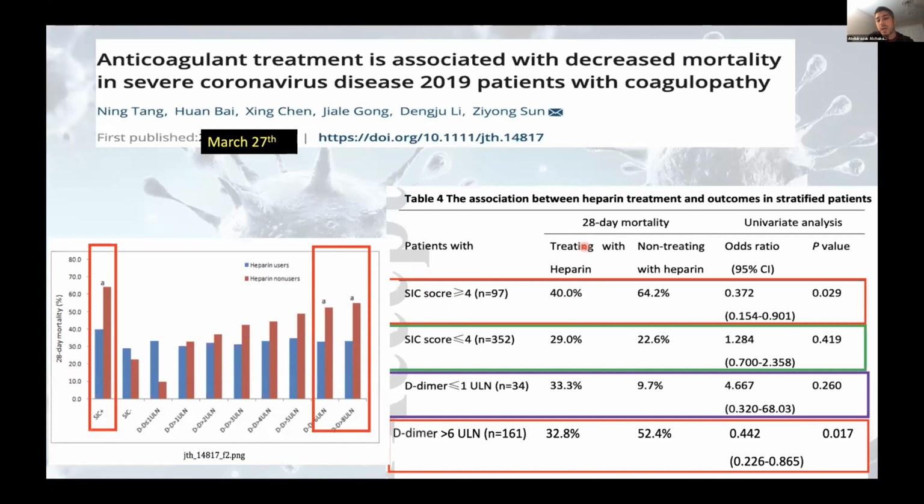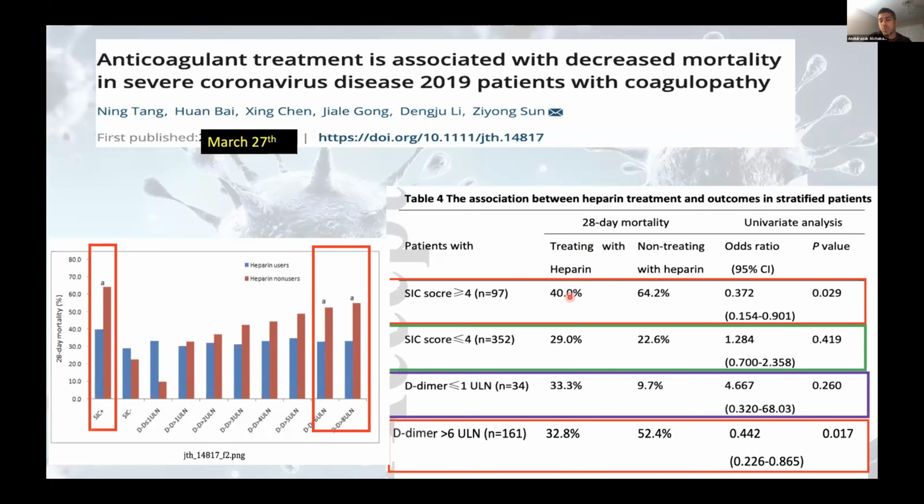It looks like in China, there's no practice of doing DVT prophylaxis on every inpatient admitted to the hospital. So they started recognizing some microthrombi and some thrombotic accidents in those patients. Then they applied a DVT or VTE prophylaxis dose, and they found improved mortality at 28 days.